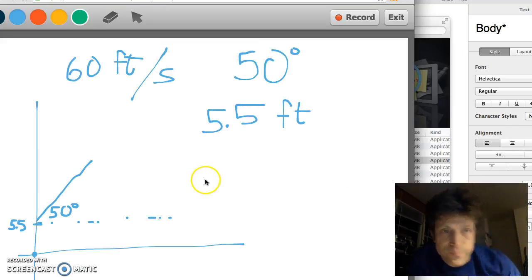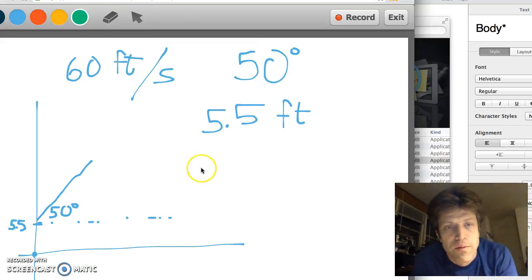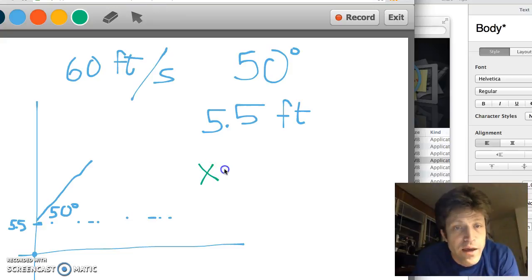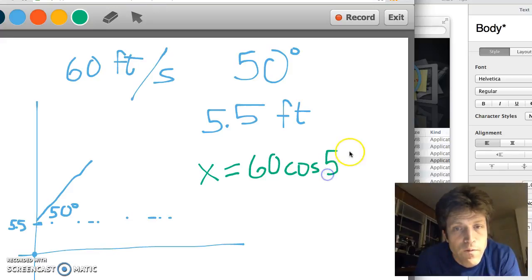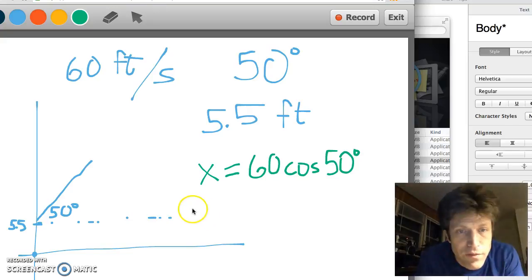So these are our parametric equations. The x one is the same. It's going to be velocity 60 times cosine 50, because 50 is my angle theta, plus initial x is 0, so that's it for my x.